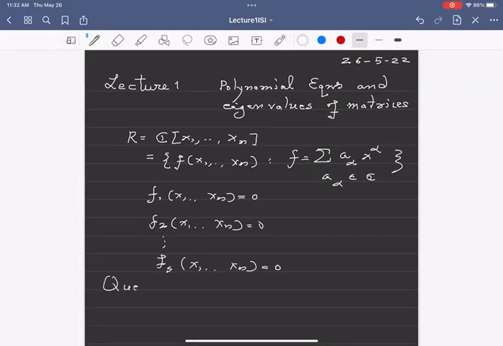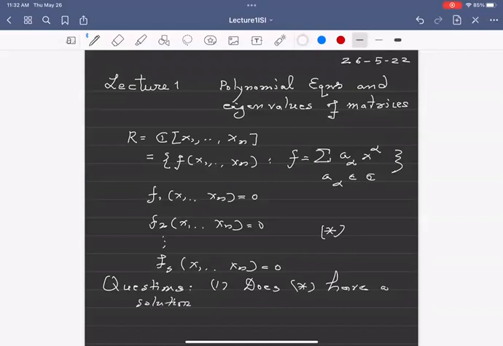So just like linear equations, we can ask the following questions. Let us write this system as star. Does star have a solution?